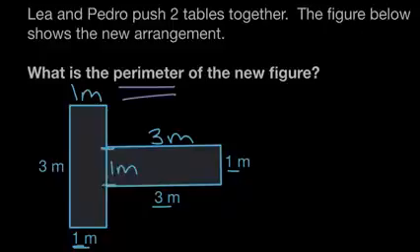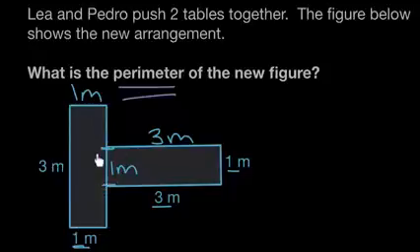So, this 1 meter will not be included in our perimeter, but it is still important to us, and here's why. This length and this length are part of the outside, and we need to know how long those are. So what we can say is if this entire length is 3 meters, then this entire length is 3 meters.